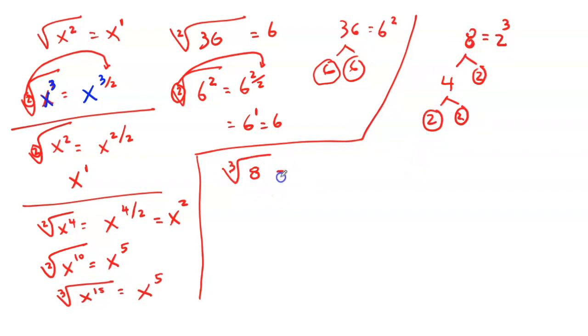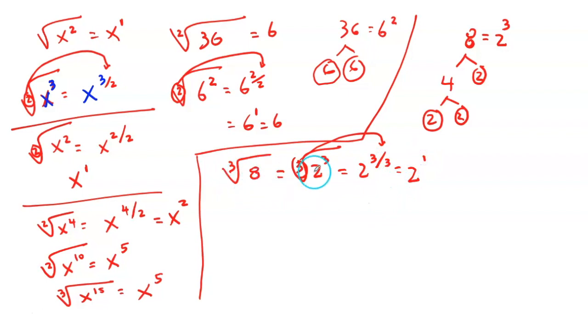So instead of this 8, I'm going to write 2 cubed. Okay, now let's think about the rational exponent. What do I do with my exponent and my index? That's right. I divide the exponent by the index. 3 divided by 3 is 1.